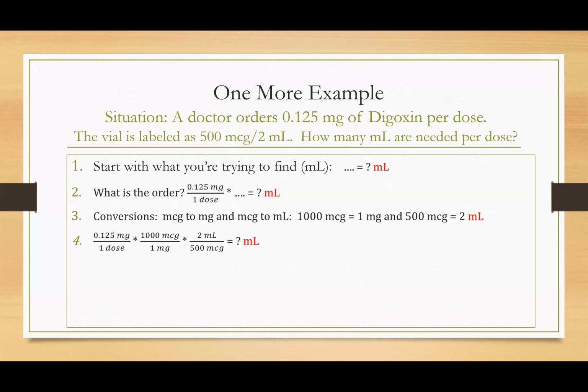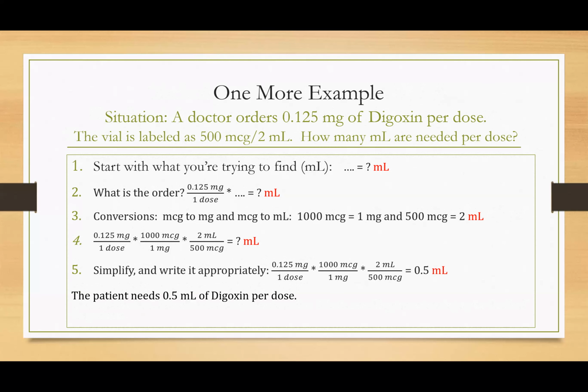Notice there the micrograms will cancel. And so multiplying through, we have 0.125 times 1,000 times 2, and then this will all be divided by 500. And writing this appropriately, this simplifies to 0.5 milliliters per dose for this medication.